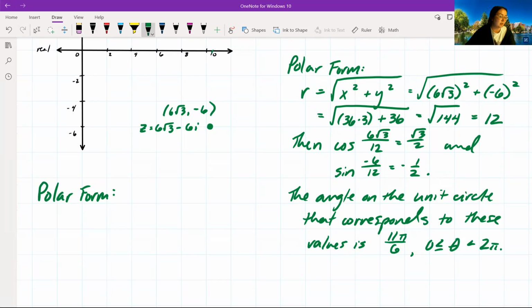So the angle that satisfies that is 11 pi over 6. We already know that r is equal to 12. So the polar form is given to us as z is equal to r times cosine of theta plus i times sine of theta. So this is going to be z is equal to 12 times cosine of 11 pi over 6 plus i times sine of 11 pi over 6.